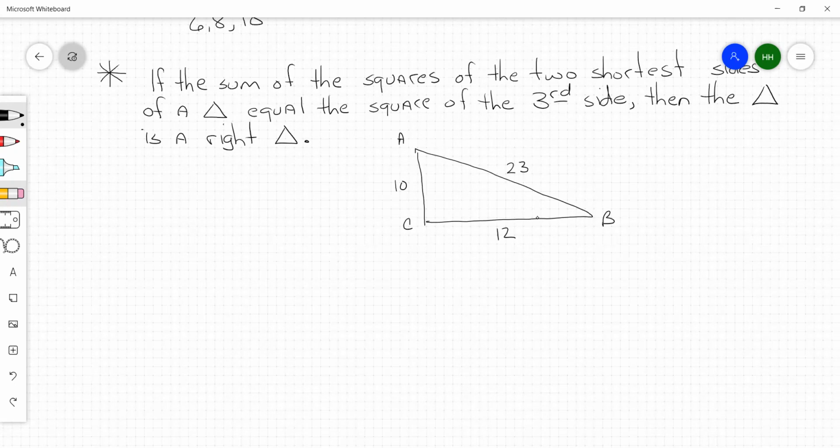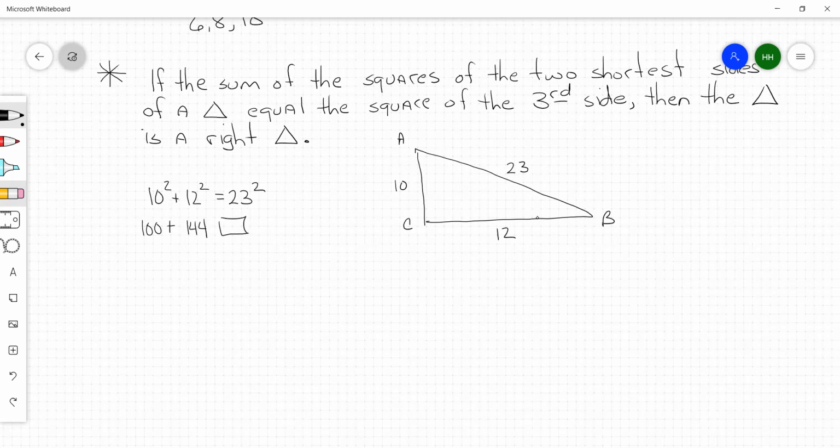The converse of the Pythagorean theorem states that if the sum of the squares of the two shortest sides equals the square of the third, then it's a right triangle. So if 10 squared plus 12 squared equals 23 squared. That's 100 plus 144. Does that equal 23 squared?